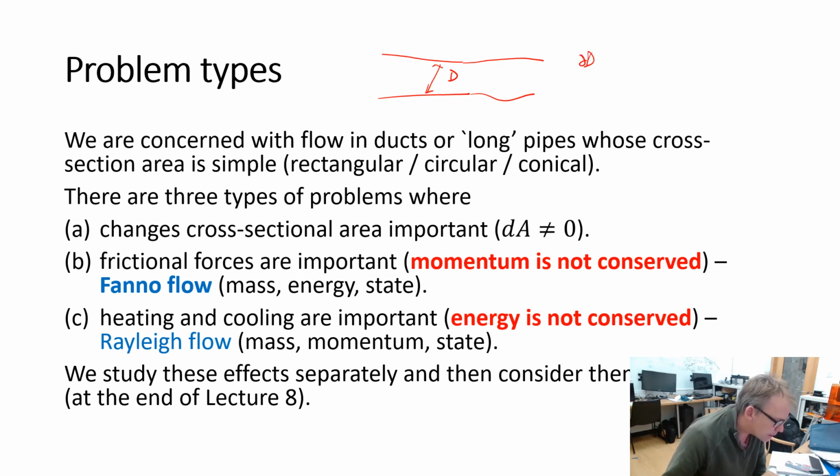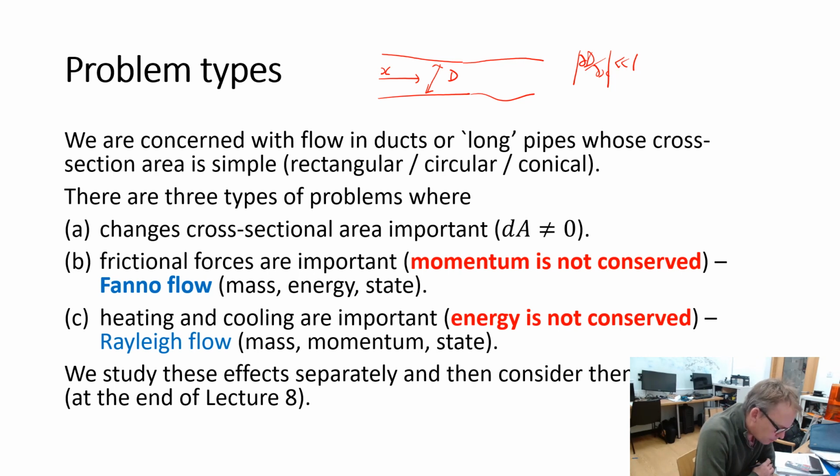What we really mean by that is the magnitude of the change in diameter is a lot smaller than the distance. So we're dealing with long ducts whose cross-sectional area doesn't need to be fixed, but generally is either rectangular, circular, or conical.